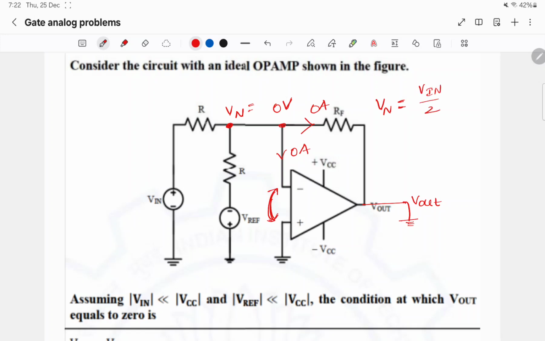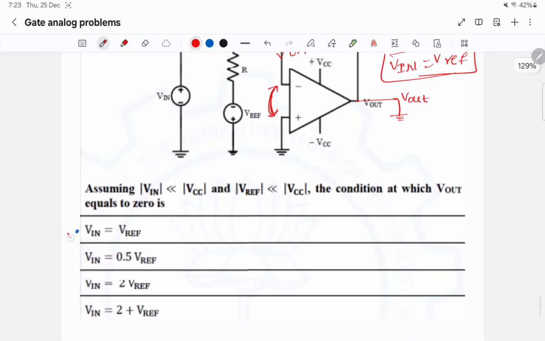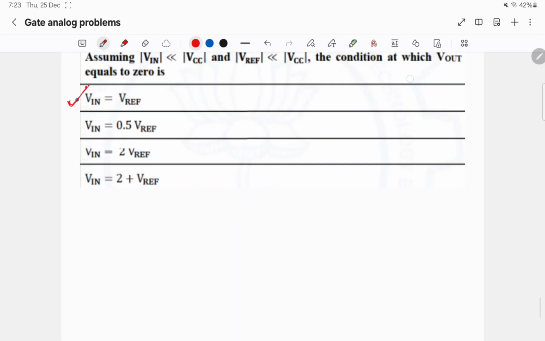And when Vref is active and this is not active, this is short circuited, then Vn will become minus Vref by 2. For this to be 0 volts, Vin should be Vref. The answer is A.